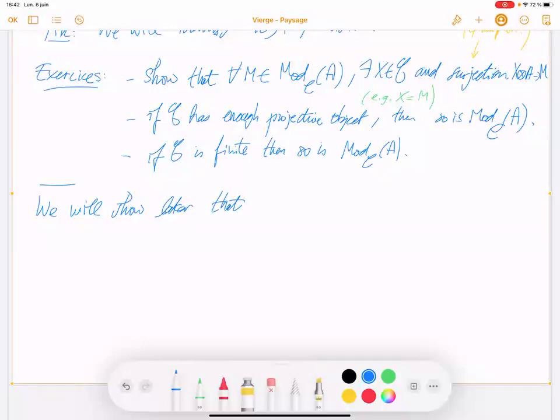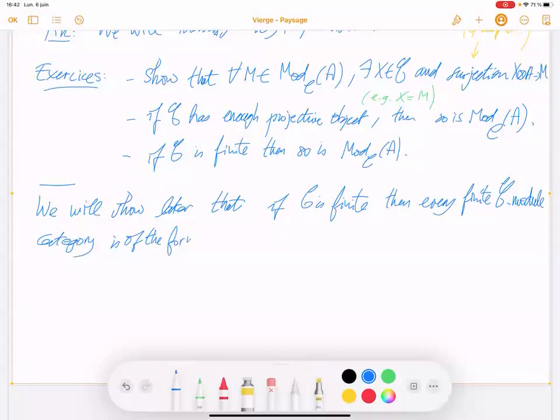So we will show later that if C is finite, then every finite C-module category is of the form mod-CA for some algebra A in C.